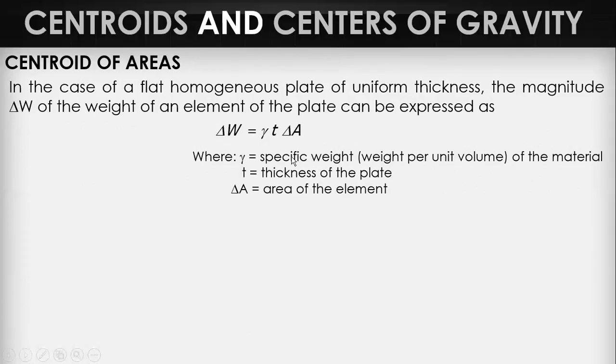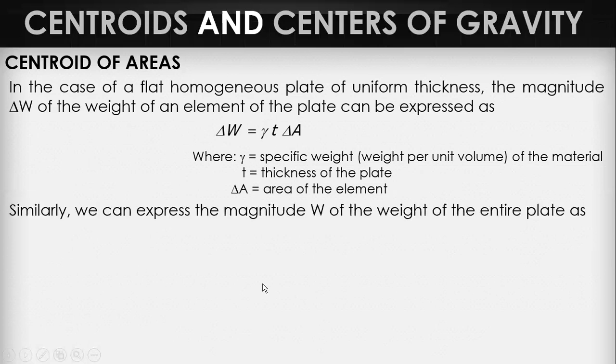So gamma is the specific weight of the material, t is the thickness of the plate, delta A is the area of the element. So with uniform thickness and constant specific weight, instead of weight, we can consider the area, since gamma and t are constant. So similarly, we can express the magnitude W of the weight of the entire plate as this one. If you add all the elements, that is the total.